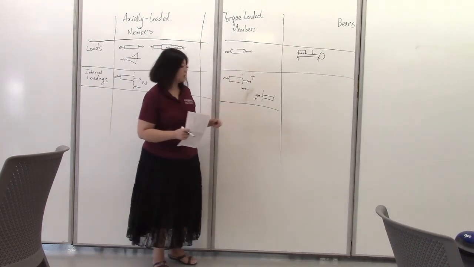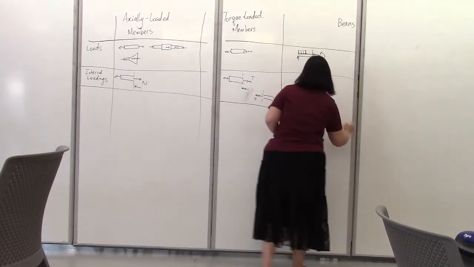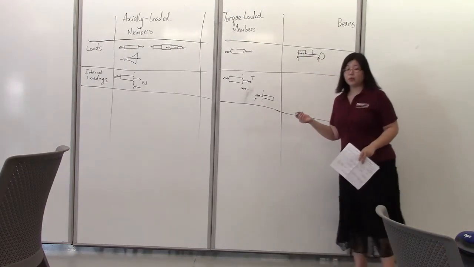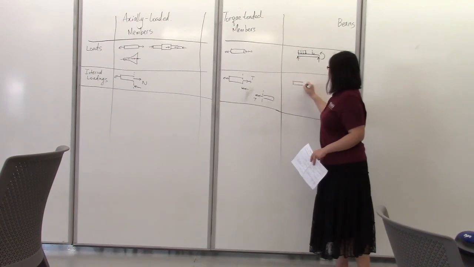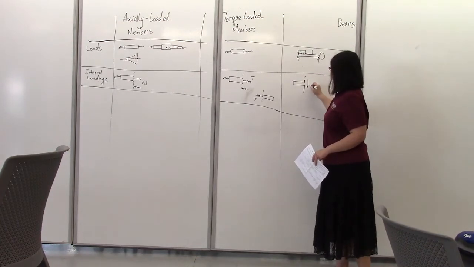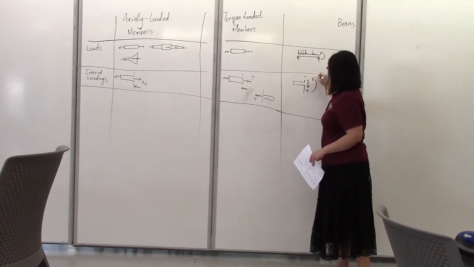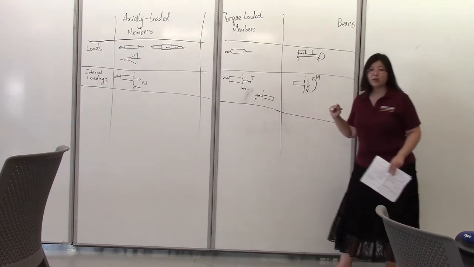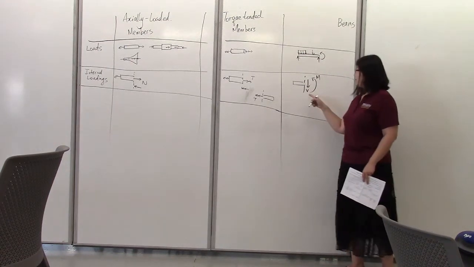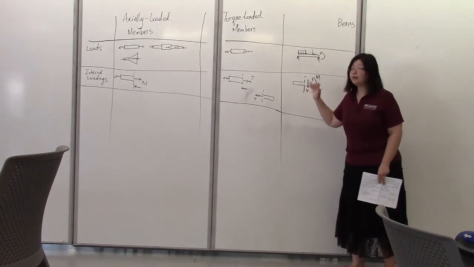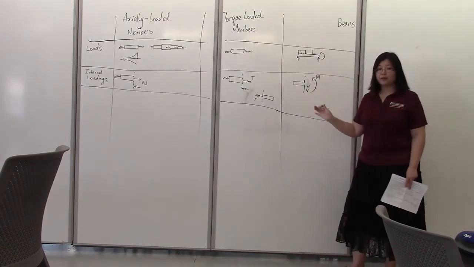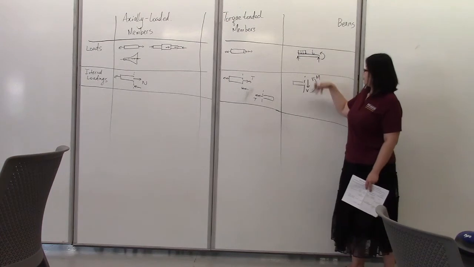That's a sign convention. Now for beams, in general, there are two internal loadings that we look at. We have a shear force, V, and a bending moment, M. Now the shear force is defined to be positive downward when you look at the cut section from the right-hand side. Bending moment is positive counterclockwise when you look at it from this side.